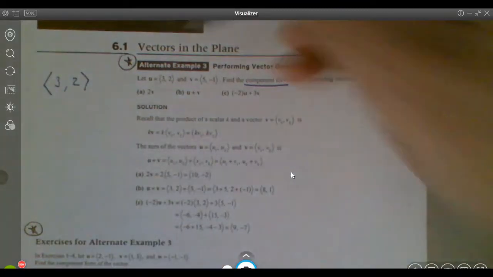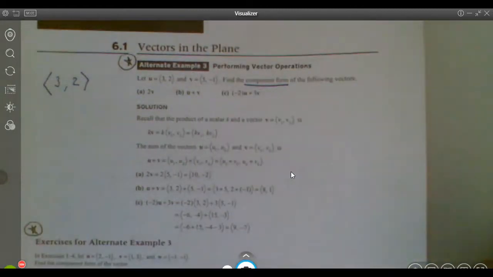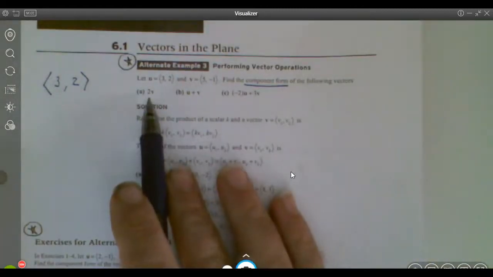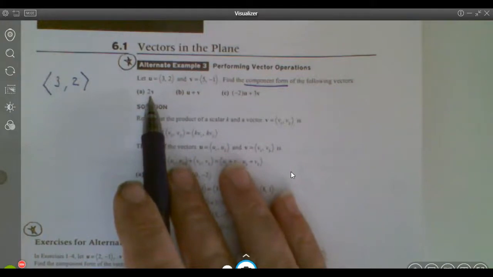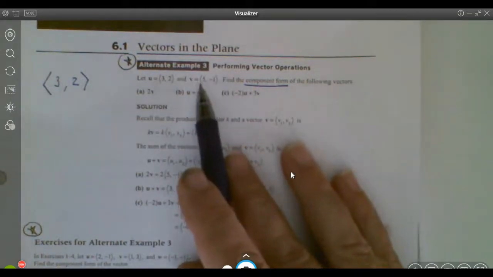So anyway, they want us to find component form of these following situations. So we can use what we call a scalar. A scalar is where you simply multiply the entire vector by a number. And that just means really just distribution. I'm going to multiply both components of vector v by 2. So if I multiply this one by 2, my new horizontal component becomes 10.